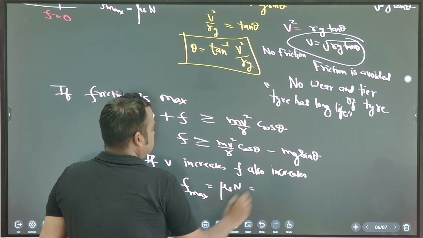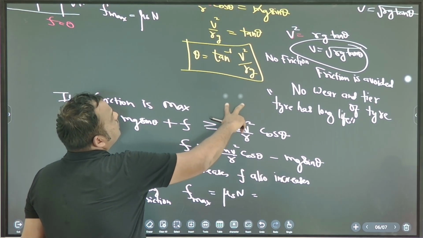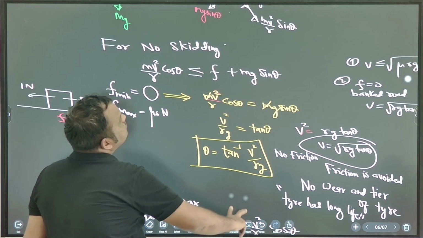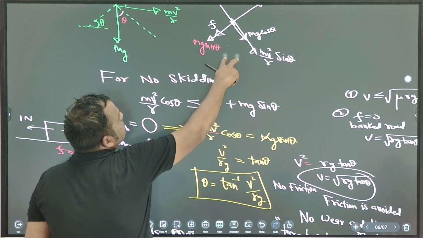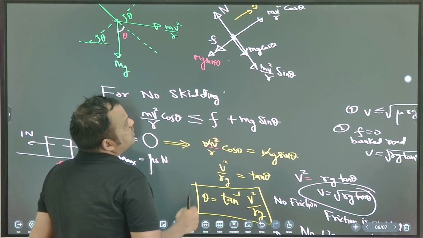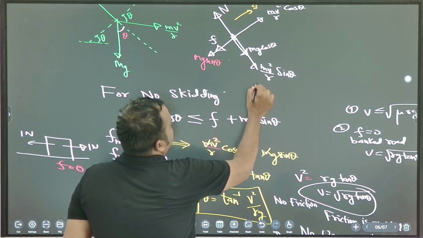Mu s N. And what is the N value? Come to this diagram. What is the N value? Tell me. Mg cos theta plus mv square by r sin theta. You can note down here only.